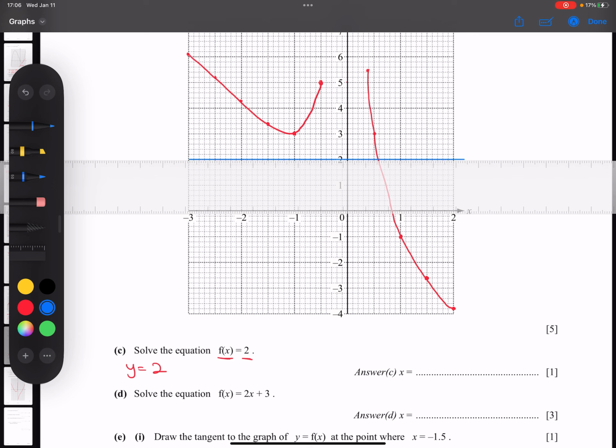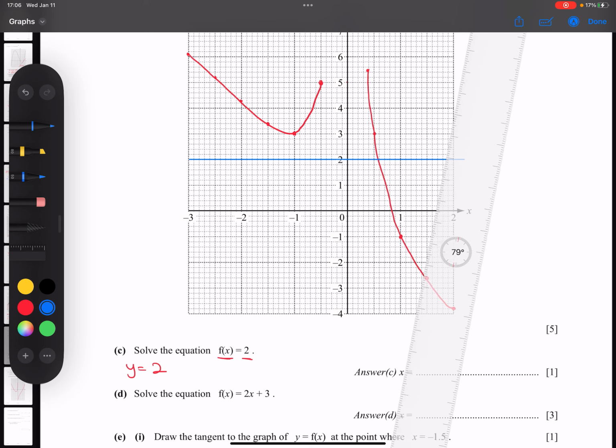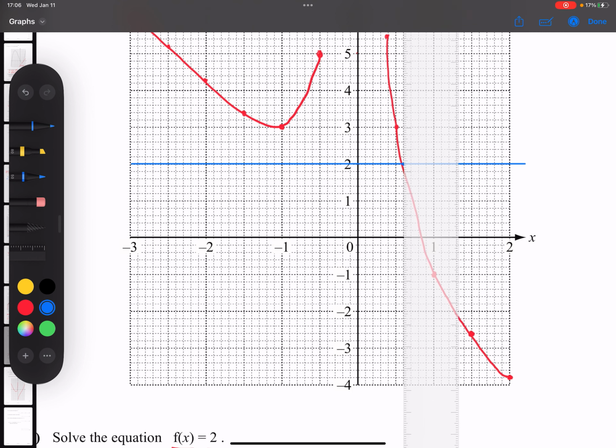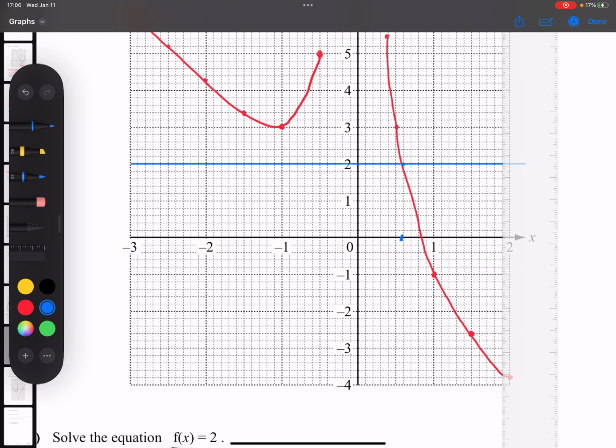Then you're going to find where the line intersects with your graph. It intersects at this point exactly, so you can go, and this is going to be your answer somewhere over here. If this is my answer, this is around 0.6 or 0.55.